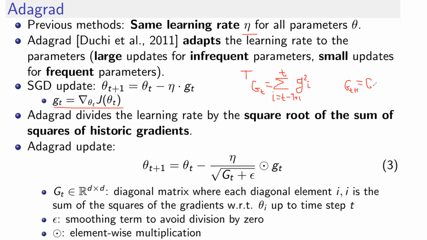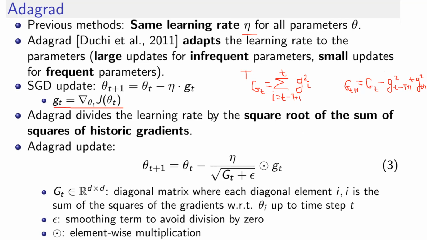I just take my G_t, then I subtract the term g_{t-T+1} squared, and I just add g_{t+1} squared. So that's how it goes. I can do that easily. It's not calculating the whole sum over T, it's just calculating one or two terms.